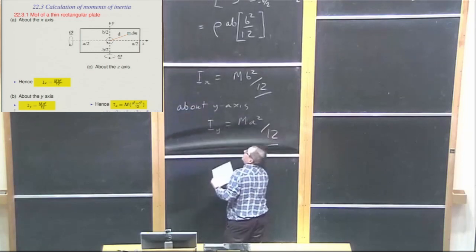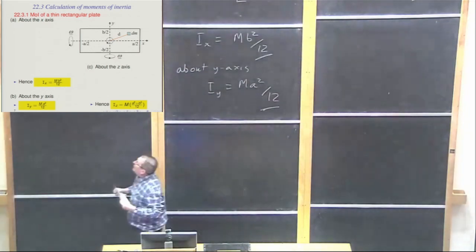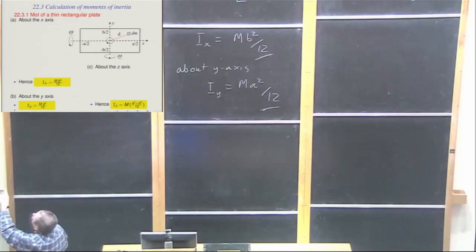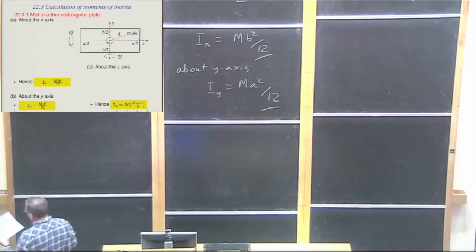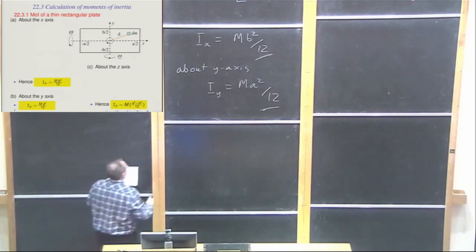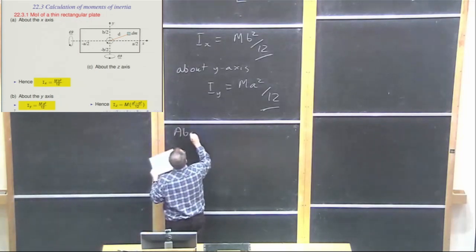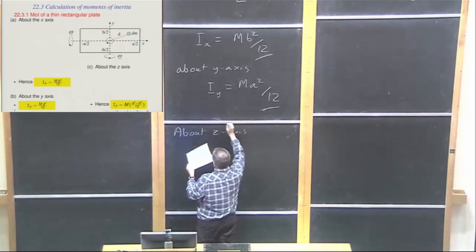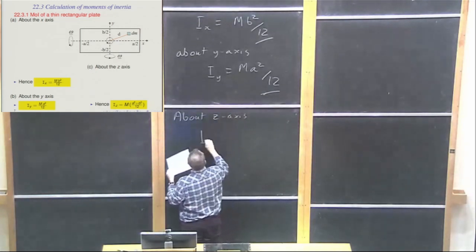Slightly more interesting is the case where we consider the z-axis. The z-axis is the axis out of the screen, the axis pointing towards you. About the z-axis, what will be different here?